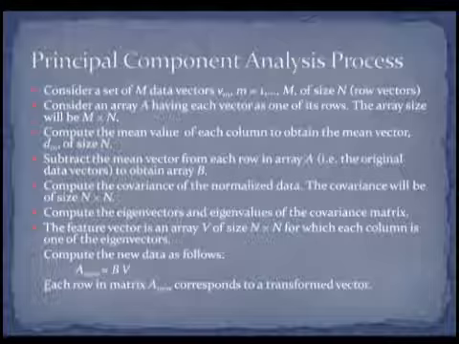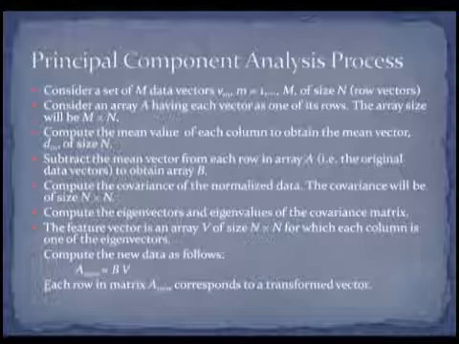After you find the covariance matrix, there's a function in MATLAB, eig, so you put in eig of the covariance matrix and it gives you the eigenvectors and the eigenvalues of the covariance matrix.